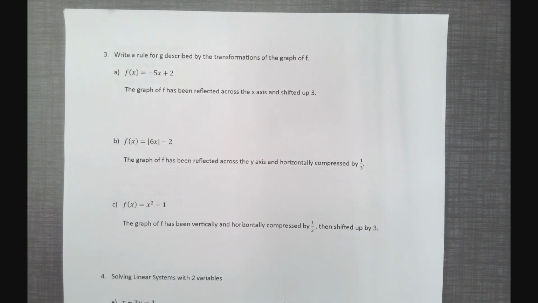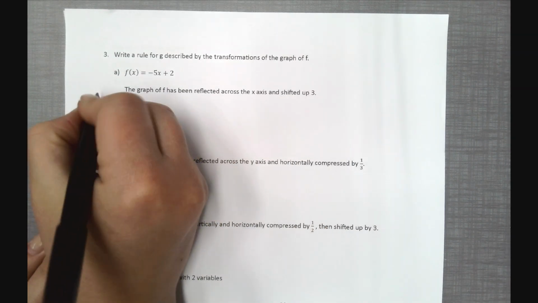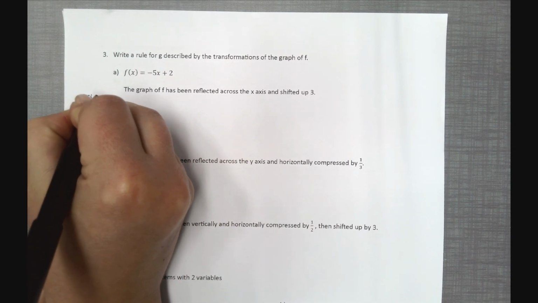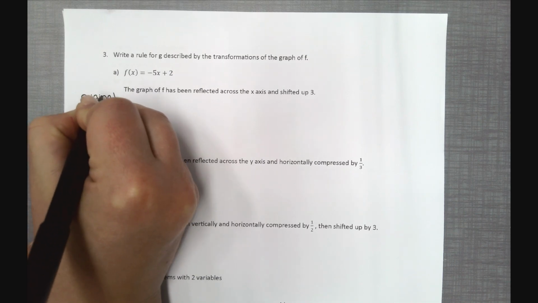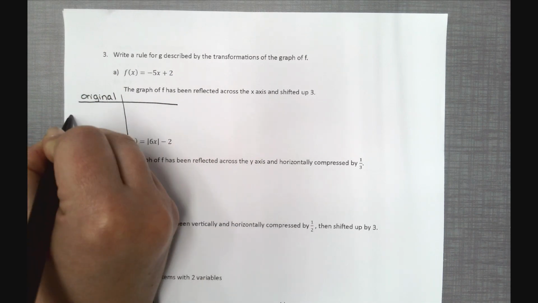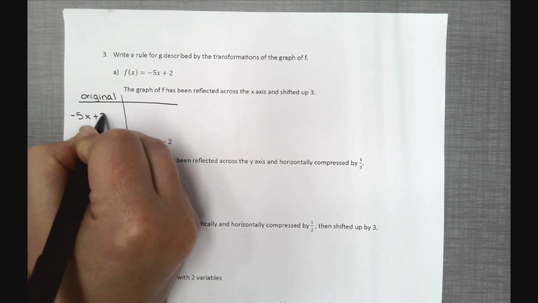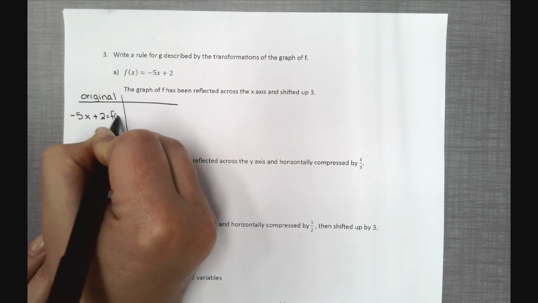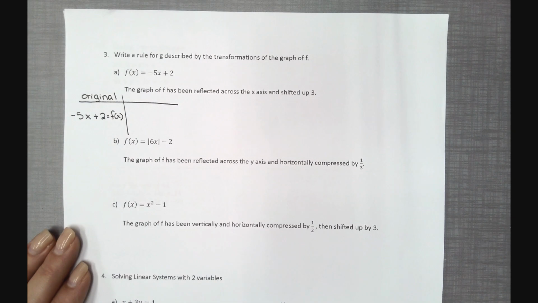We don't have a parent function, we already have a transformed function. So original, and the original function is negative 5x plus 2. You can keep off the f of x in your work, that's okay too.